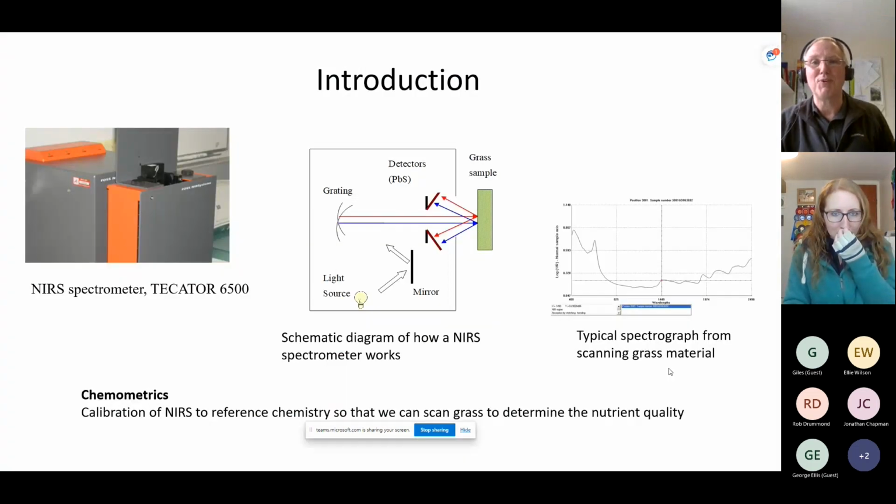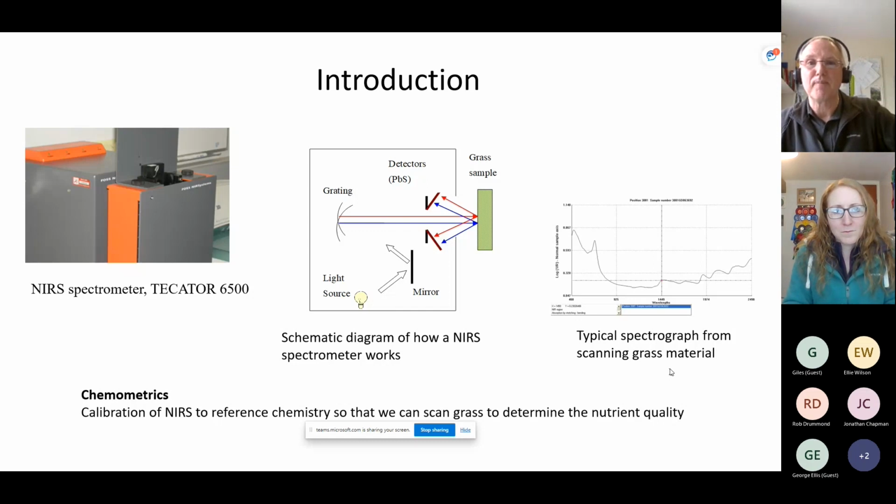I'm just giving you a quick diagram of the way near infrared works. This is a spectrometer on the left-hand side, and basically just a small schematic diagram of how it works. You're simply shining light onto a sample, and the amount of light that's detected is relative to the amount that's absorbed by the sample.